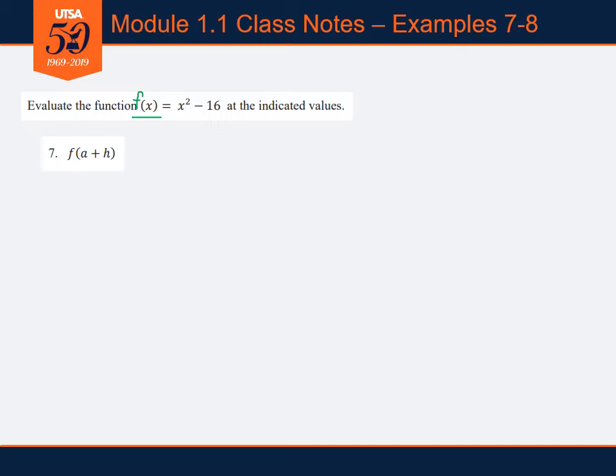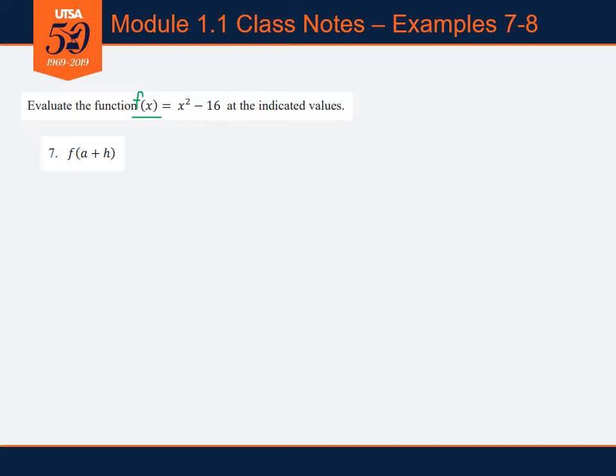And this looks different, perhaps, but it's really no different from the examples that we worked previously in this module, where we were given an input value and asked to work out the output value. Here it's just, instead of a number input, we are given an expression input.